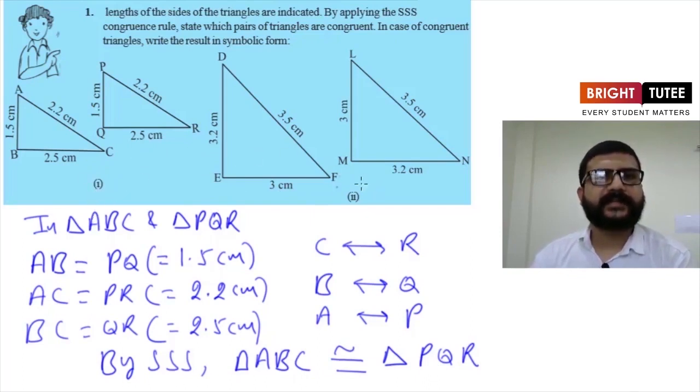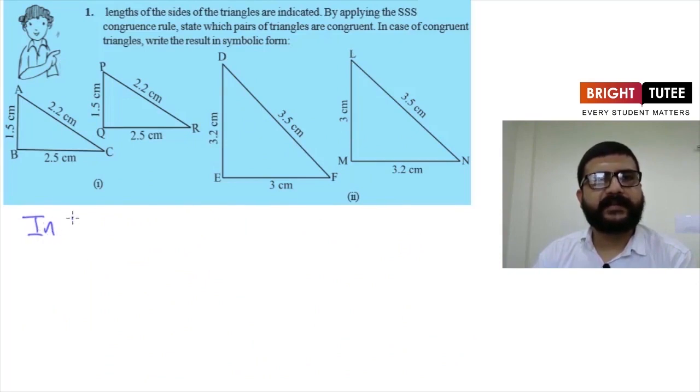Now let's check the second pair of triangles. So here triangles are DEF and LMN. So we can write in triangle DEF and triangle LMN. Now here DE is equal to MN.